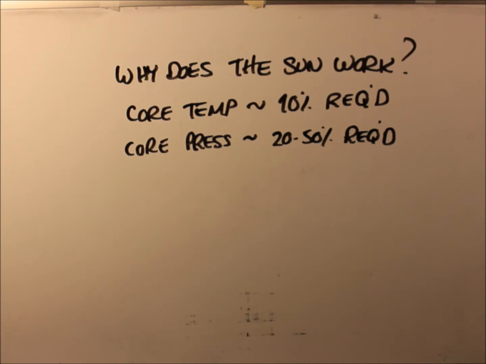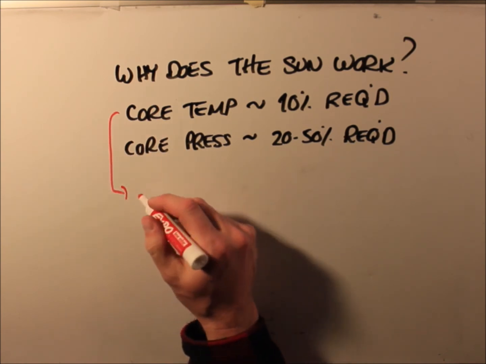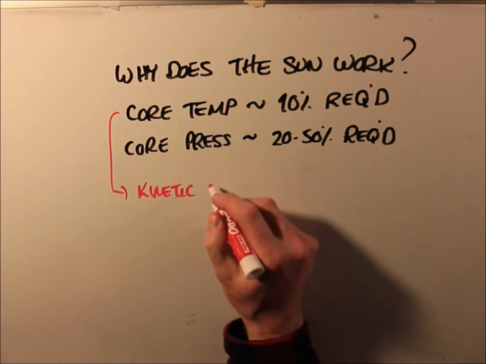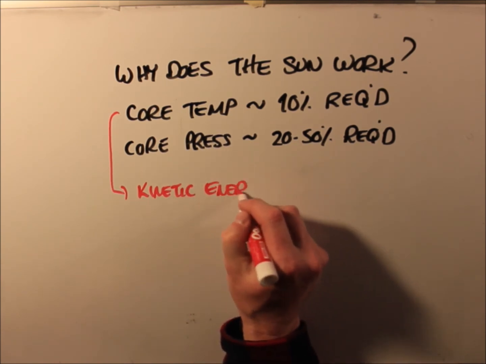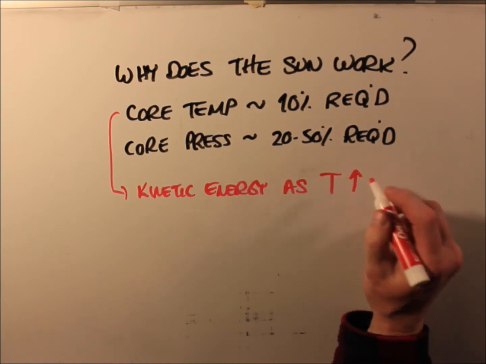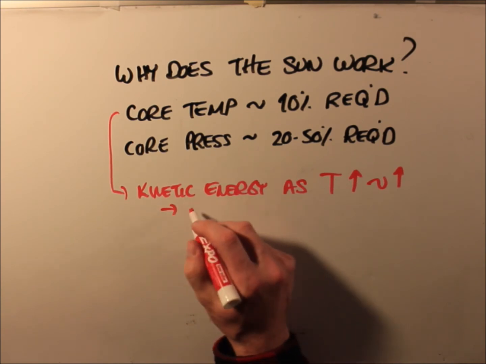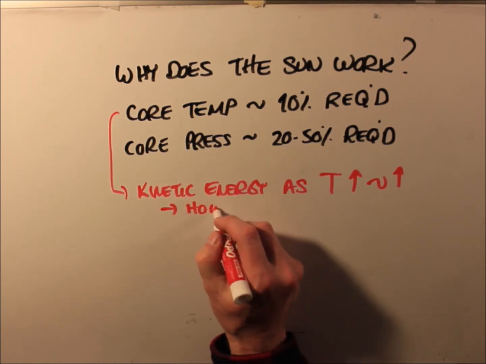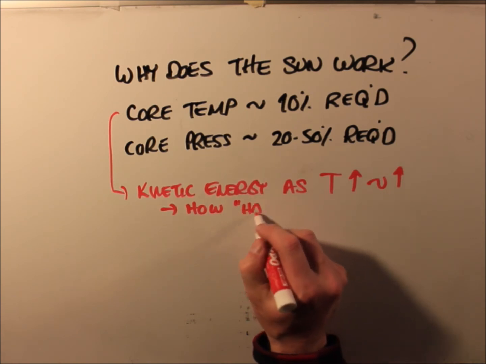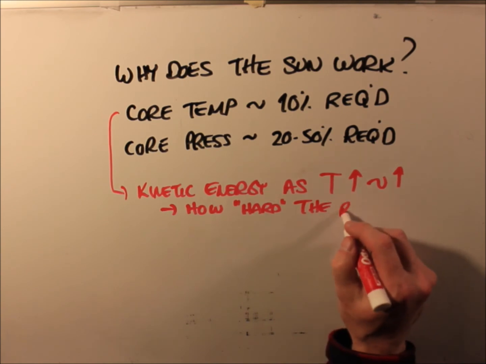The temperature is kinetic energy, basically. So as the temperature increases, the speed effectively increases, and this controls how, quote, hard, for lack of a better word, the protons collide.